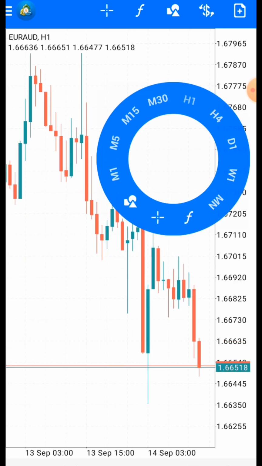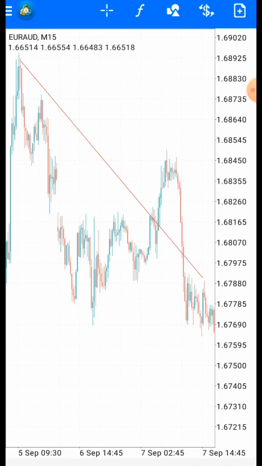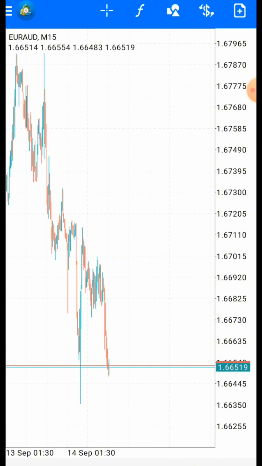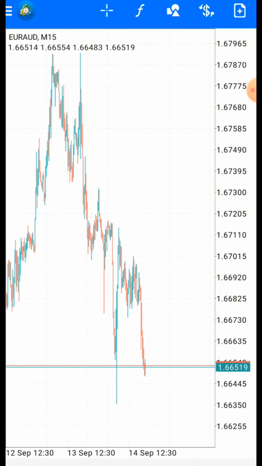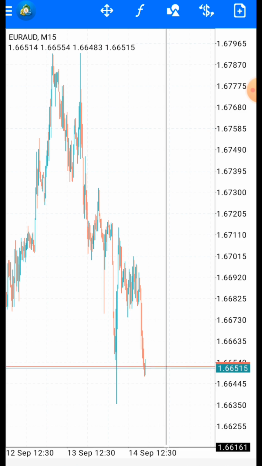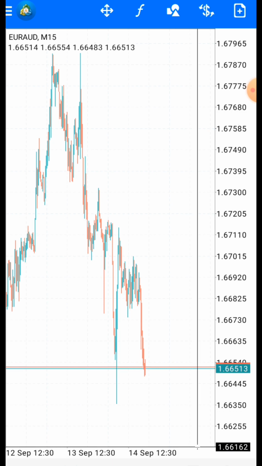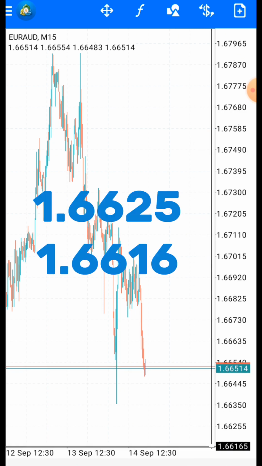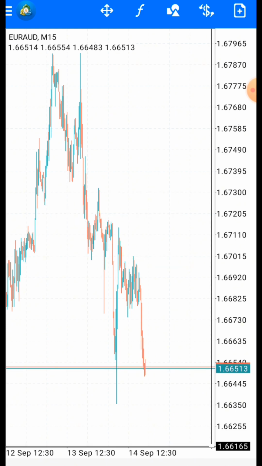You can do this exercise too. If you're trading with the 15 minutes, you go down to the 15 minutes and do the same exercise. You notice that the pip difference from one grid to the other has changed. Like the pip difference from 1.6616 to 1.6625, which is a pip difference of 9 pips.